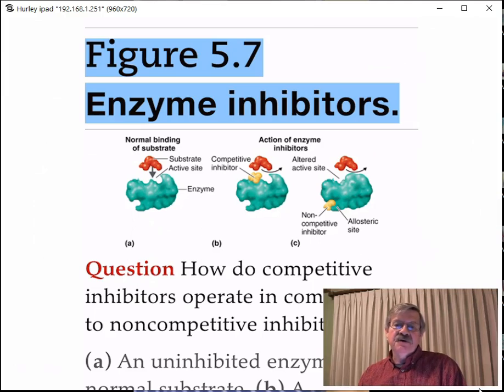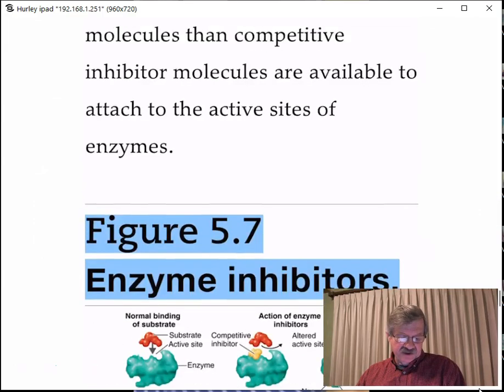And so if you have a substance that fits into that allosteric site and changes the function of the enzyme, which you notice in diagram C changes the shape of the active site, that is called a non-competitive inhibitor. It is not competing with the substrate for the active site. Okay, so competitive inhibitors and non-competitive.